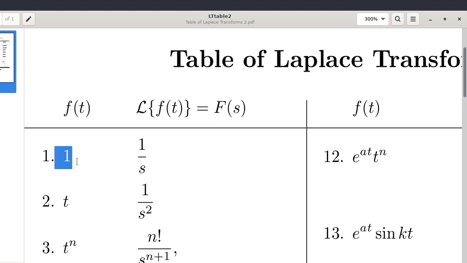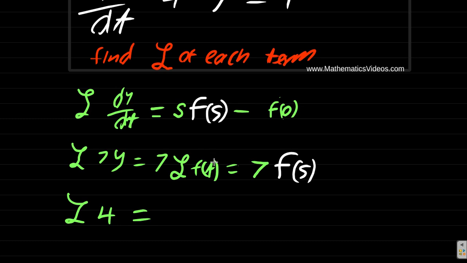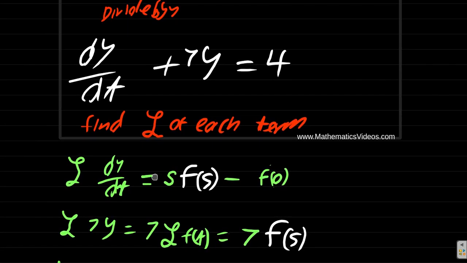Just show 1. The Laplace transform of 1 is 1 over s. Nice. So the Laplace transform of a number, if you consider the number times 1, is just the number times 1 over s, which would be the number over s. So in this case, Laplace transform of 4 would be 4 over s. Alright. So let's put them together.